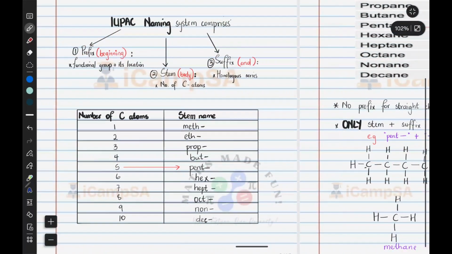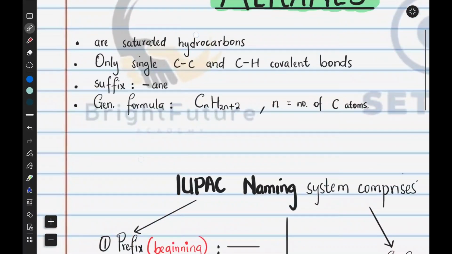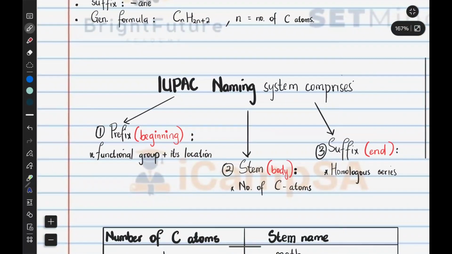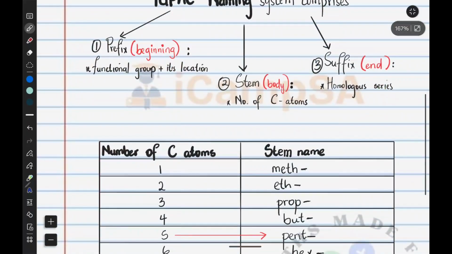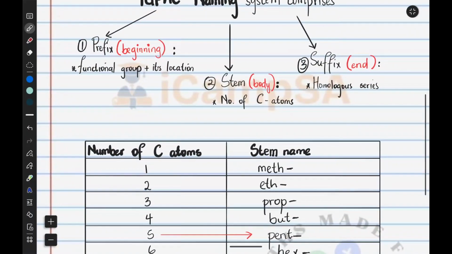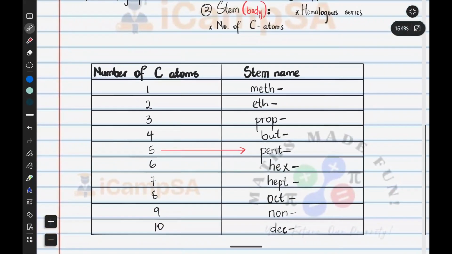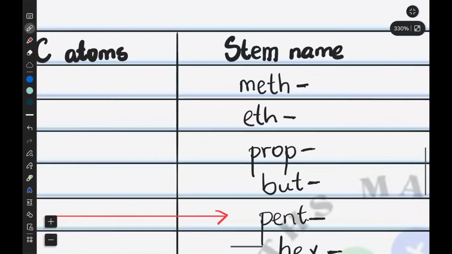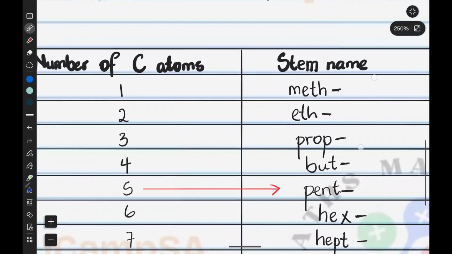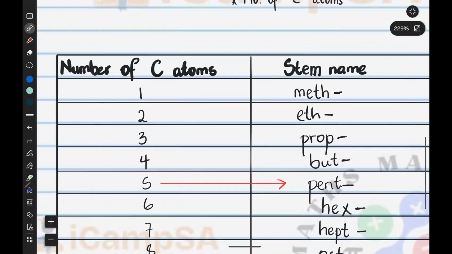In our example, from alkanes, which is A and E. With one carbon atom, that compound would be methane, and so on. But with alkyl groups, we still use the number of atoms in that alkyl group, but instead of saying meth, we say methyl or ethyl or propyl, and so on.